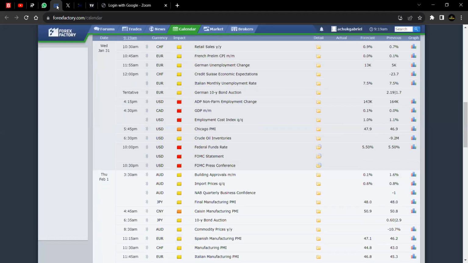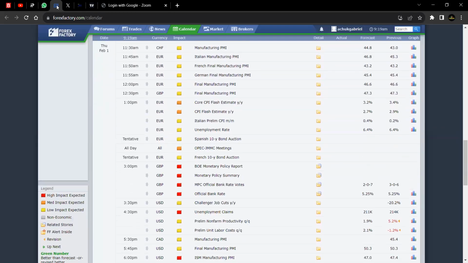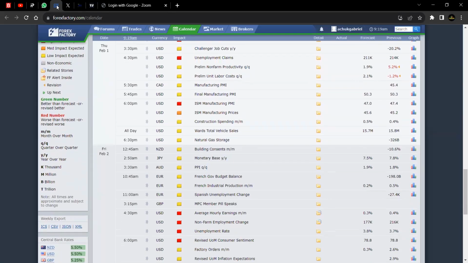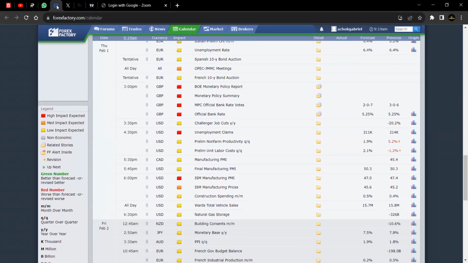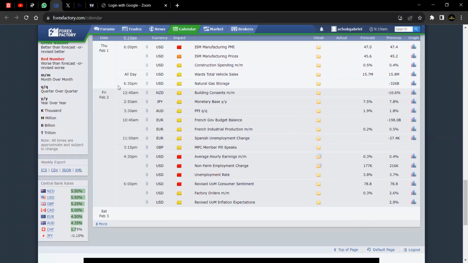And again, we will have Canadian GDP, non-farm employment change, and then finally on Friday for the US, we have unemployment claims. On Thursday, we have the pound monetary policy report. So this coming week is going to be full of volatility. And then don't forget, we have the non-farm payrolls on Friday for the US.